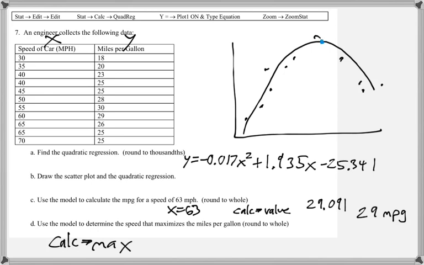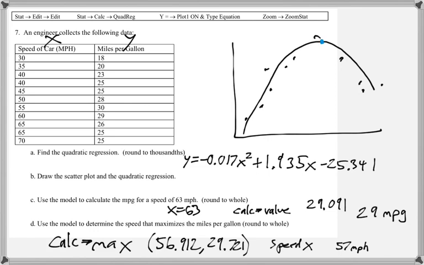Okay, and my coordinate is 56.912 and 29.721. Now they want the speed that maximizes the miles per gallon. And speed is our x values, not our y values. So rounded to the nearest whole number, that would be 57 miles per hour.